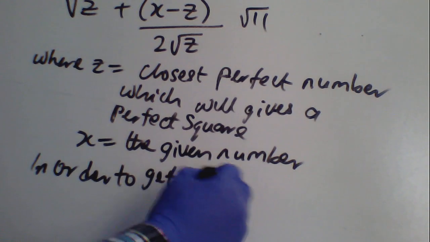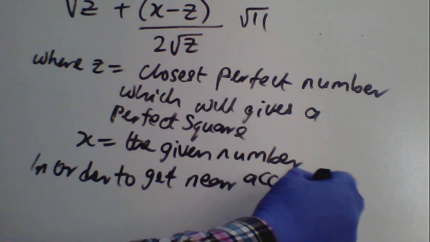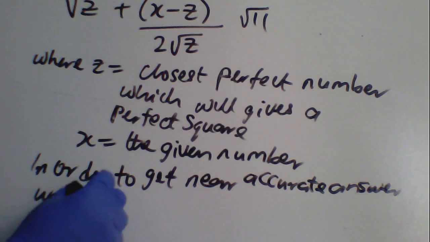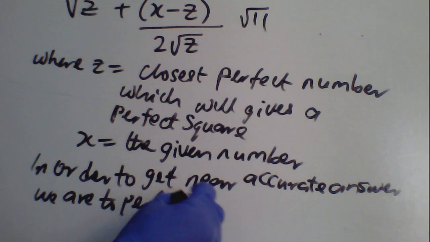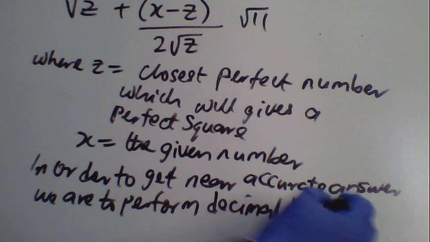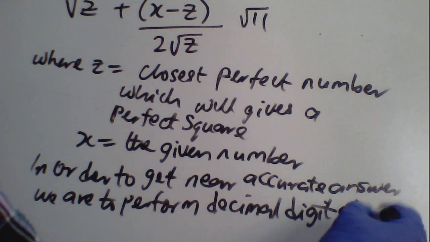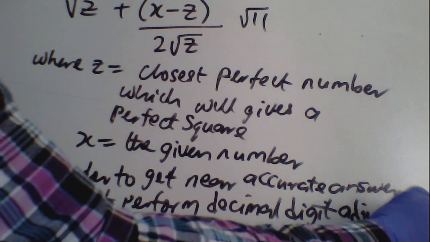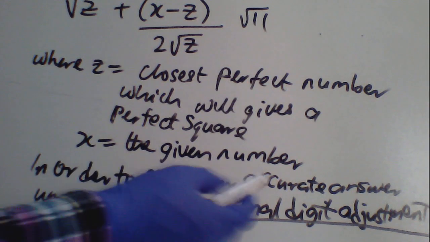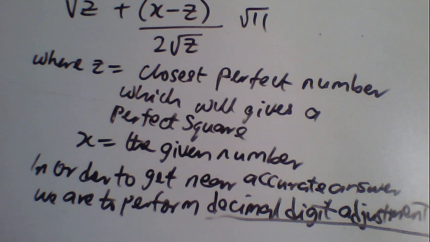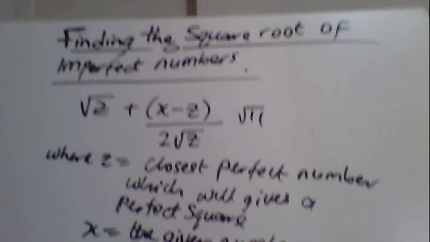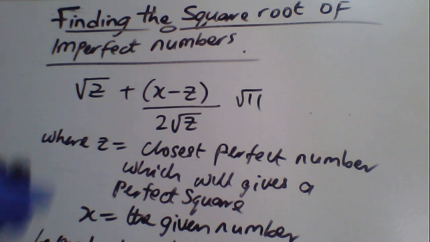In order to get a near accurate answer, we are to perform decimal digit adjustment. We'll come to that. So in order to get a perfect or near accurate answer, we have to perform decimal digit adjustment if we are to use this formula to find the square root of imperfect numbers. So let's go.